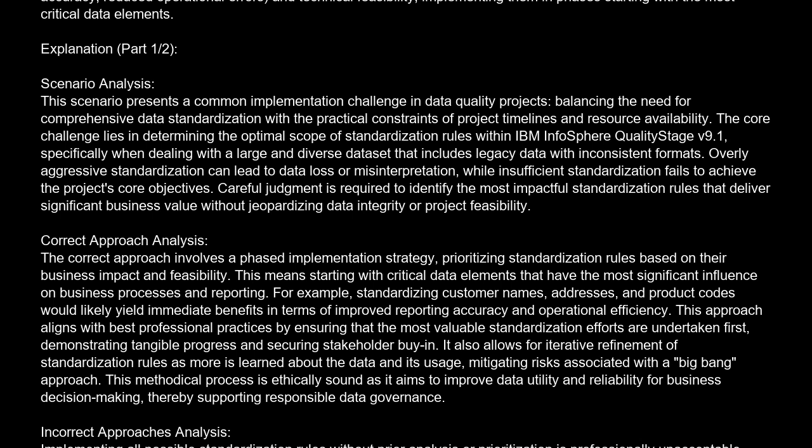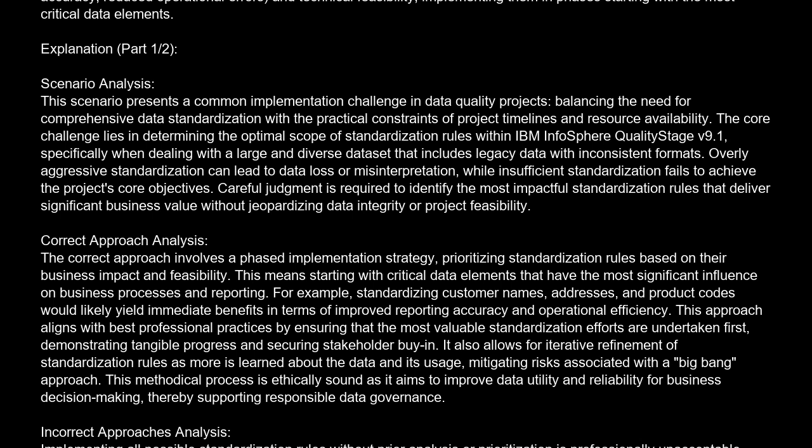Explanation. Scenario analysis. This scenario presents a common implementation challenge in data quality projects, balancing the need for comprehensive data standardization with the practical constraints of project timelines and resource availability. The core challenge lies in determining the optimal scope of standardization rules within IBM InfoSphere QualityStage V9.1, specifically when dealing with a large and diverse dataset that includes legacy data with inconsistent formats.